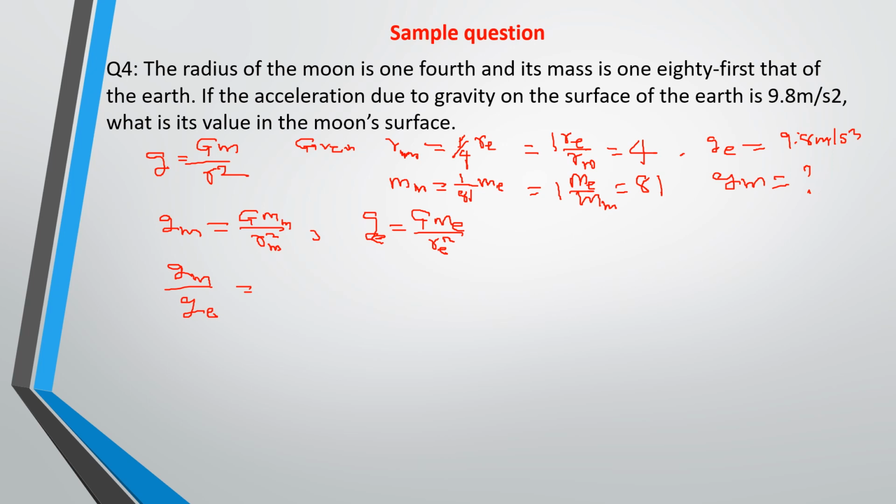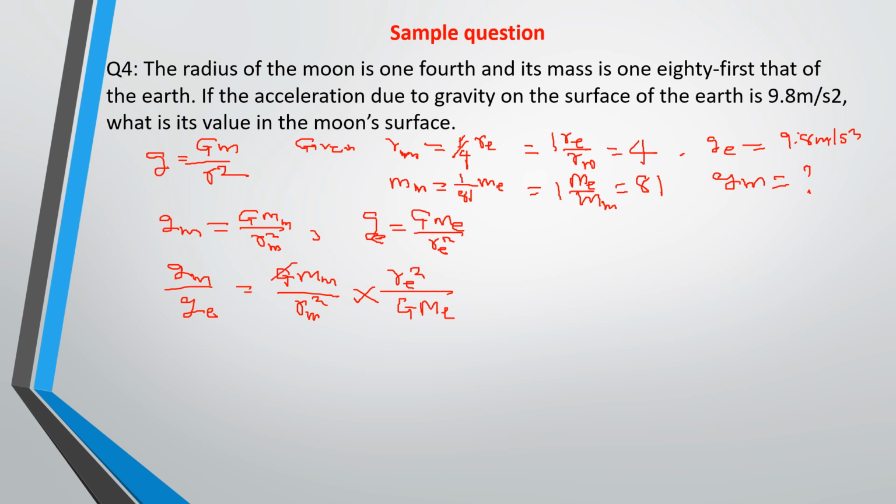So you are going to have g moon, this is g moon, G M moon over r squared, multiplied by that. You are going to divide by this. So when you divide by this particular equation, you have r Earth squared all over G M Earth, mass of Earth.